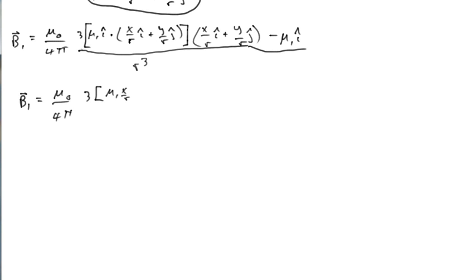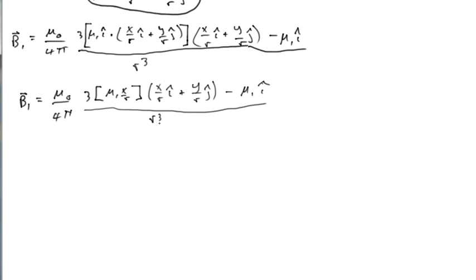So this whole thing in the square brackets is just mu1 times x over r, which I've already written down, to keep that in the square brackets, and multiply that by my old r hat, then minus mu1 I hat. All of this is over r cubed. Alright.